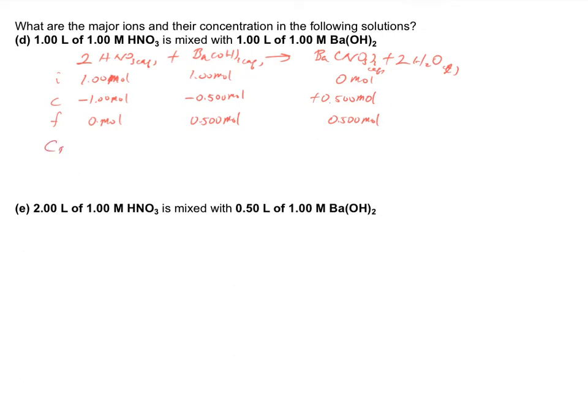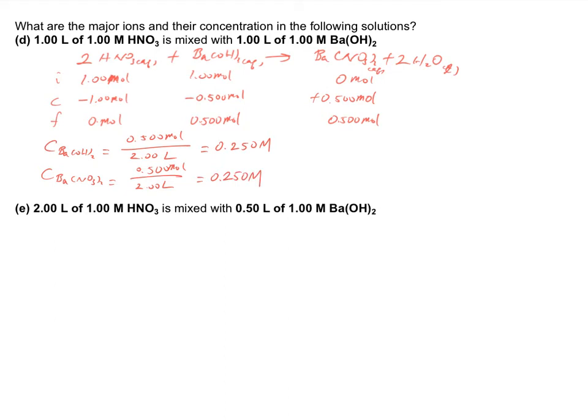The concentration of barium hydroxide is 0.500 mole over the total volume, 2.00 liter. It is 0.250 molar. And the concentration of barium nitrate is 0.500 mole over 2.00 liter, which is also 0.250 molar.